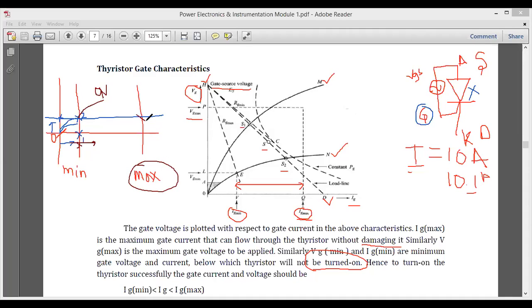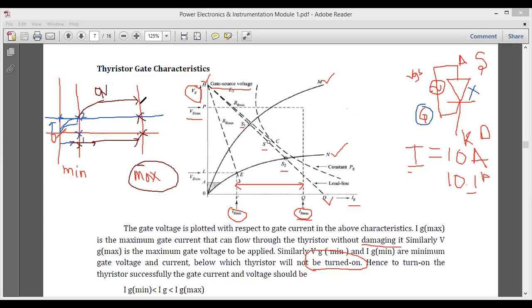Both the gate current and the gate voltage should not cross these two points, because this point is my maximum point. If you apply your gate current and gate voltage till here and till here, reaching the maximum value of voltage and the maximum value of current, then still your SCR is turned on.